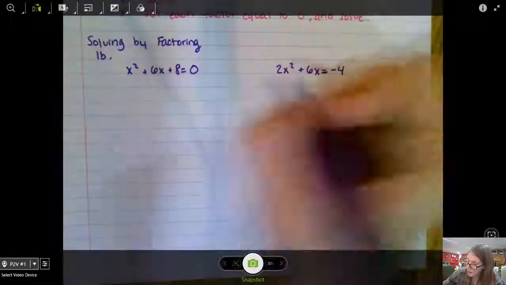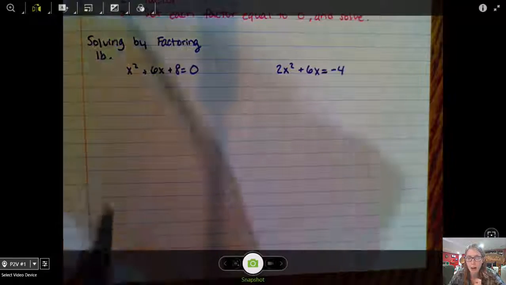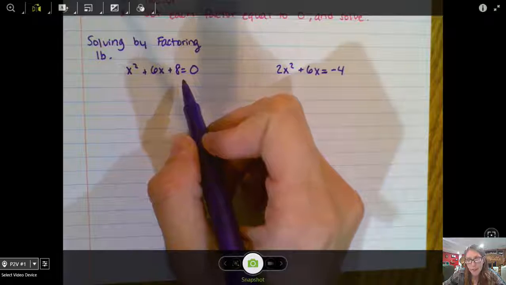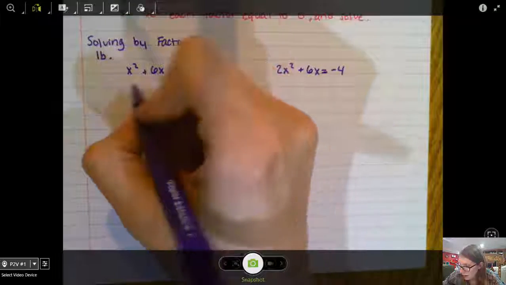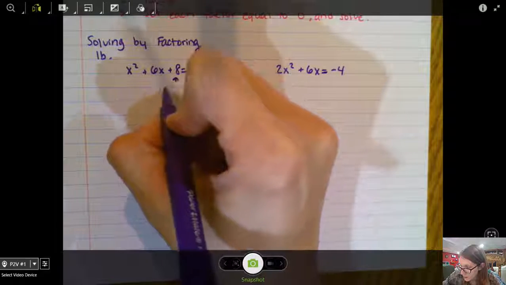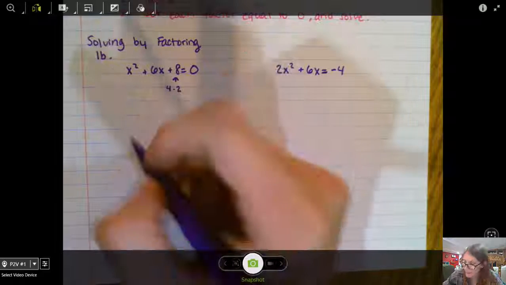Okay, my first example here, x squared plus 6x plus 8 equals 0. First step, we're in standard form, our equation equals 0. Let's factor. Positive 4 and positive 2 are my numbers that multiply to 8 and add up to positive 6.